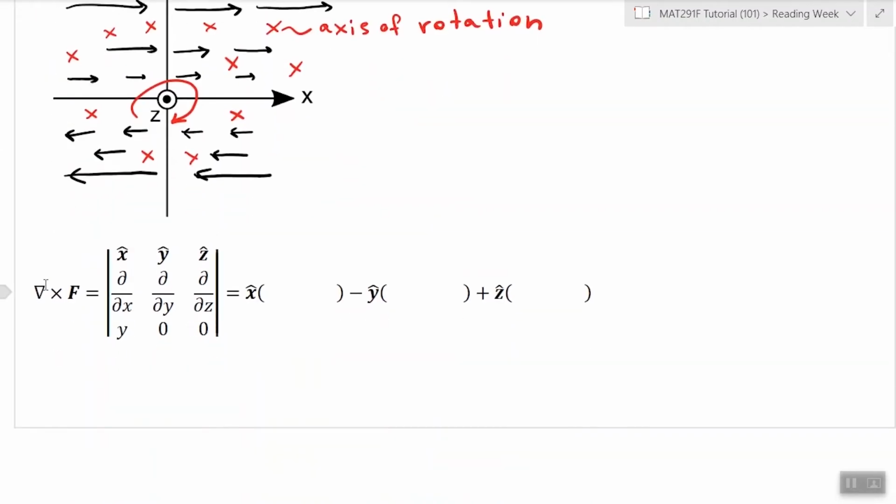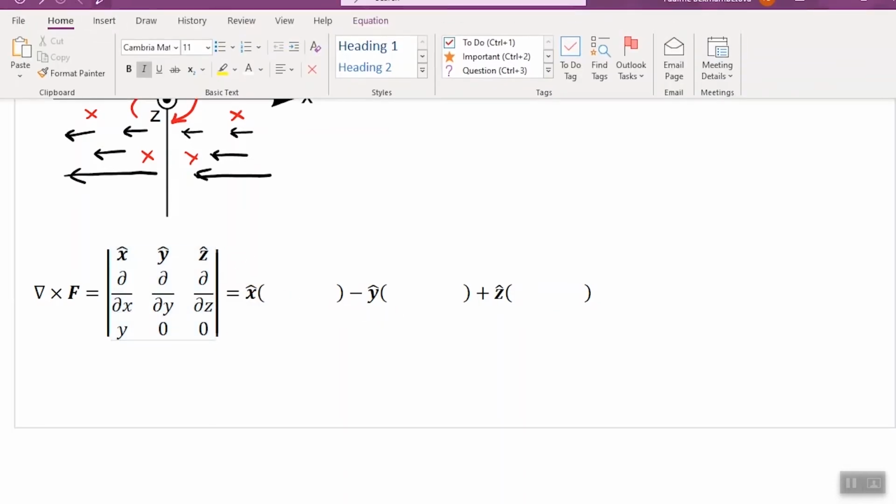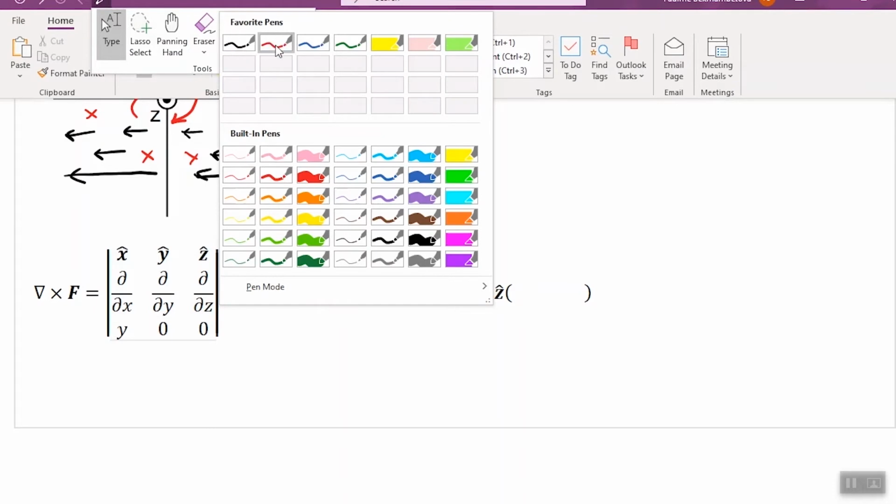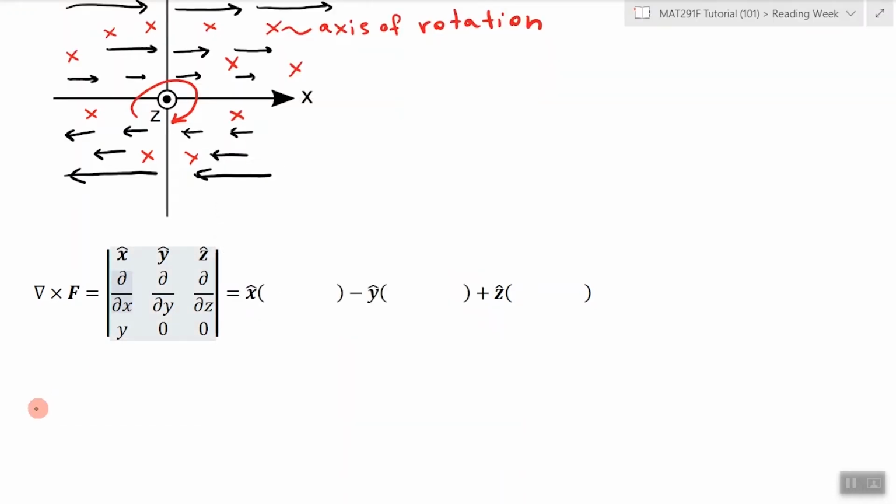Okay, let's do the calculation. Again, curl of the vector field F is a cross product between this del right here and the vector field F. Let me compute it. For the x component, we get this determinant. This would be just 0 minus 0. For the y component, I put the minus already here.